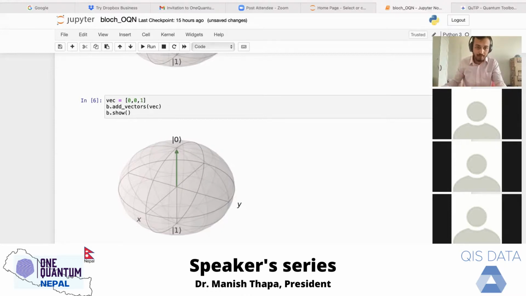Basis 2, 1 is a command that defines the computational state of a qubit. 2, 0 is the up state and 2, 1 is the down state.